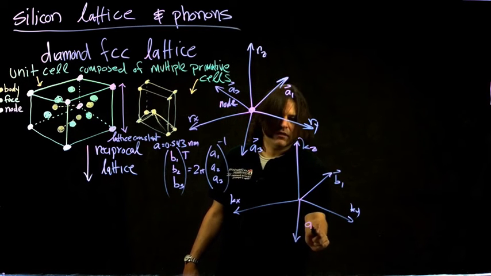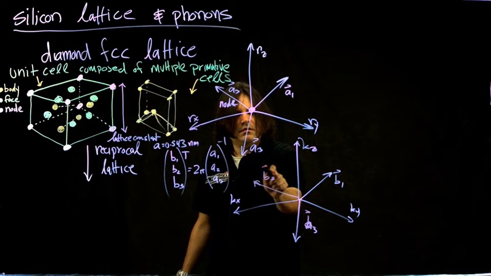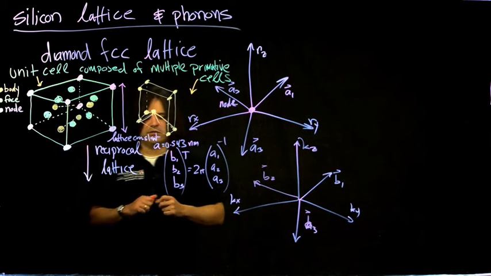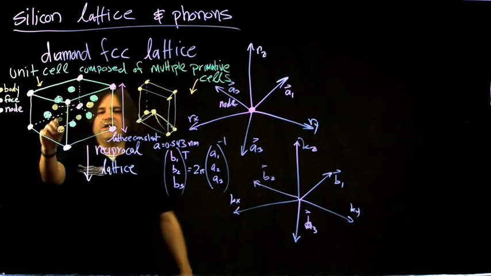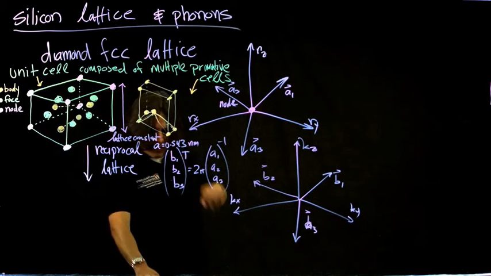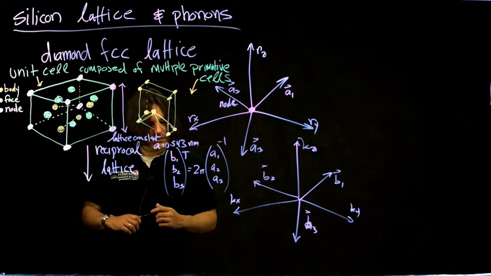They're labeled differently because it's the reciprocal space. But what happens to the unit cell in reciprocal space is it goes from a face-centered cubic to a body-centered cubic. So that would look like this.